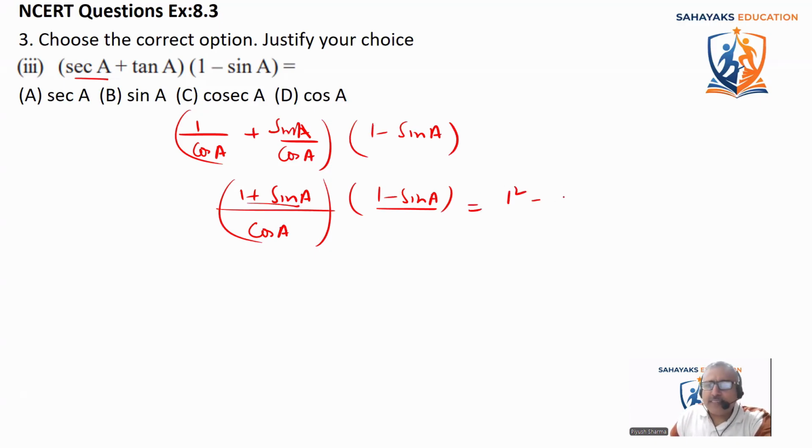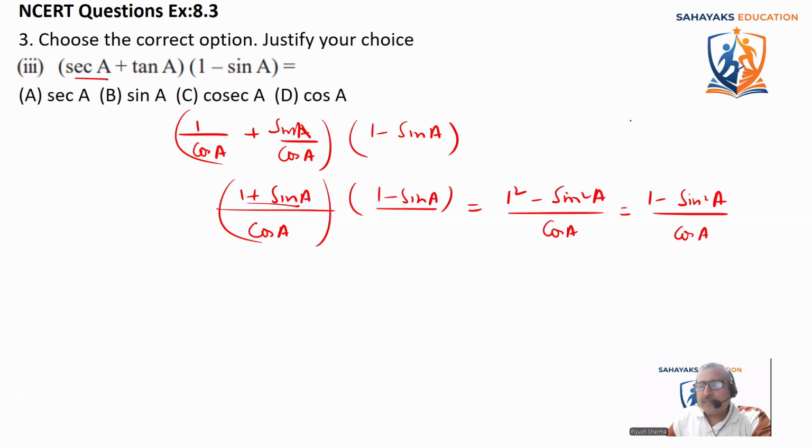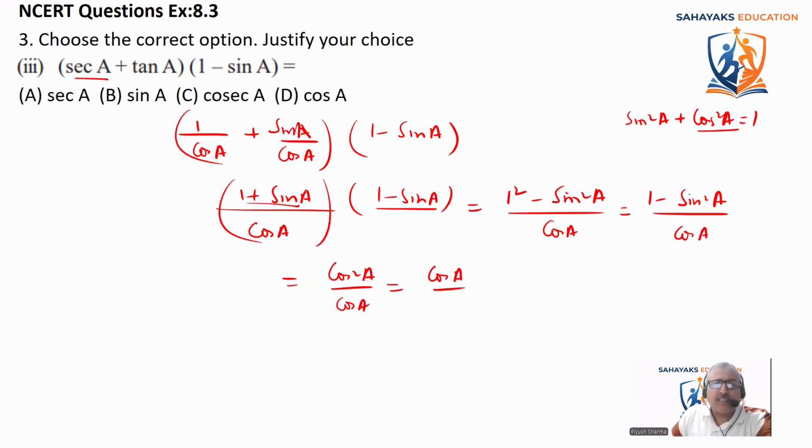It becomes 1 square minus sine square A divided by cos A. So it becomes 1 minus sine square A divided by cos A. And we know that sine square A plus cos square A is equal to 1. So 1 minus sine square A becomes cos square A. So this value becomes cos square A divided by cos A. And if we cancel, it becomes cos A. So the right answer is cos A.